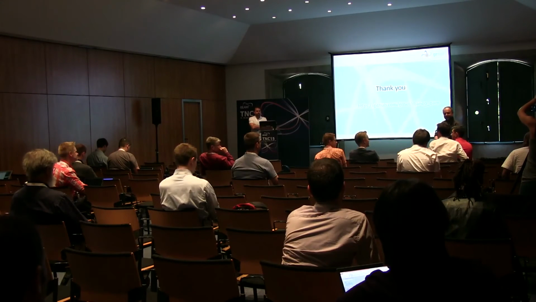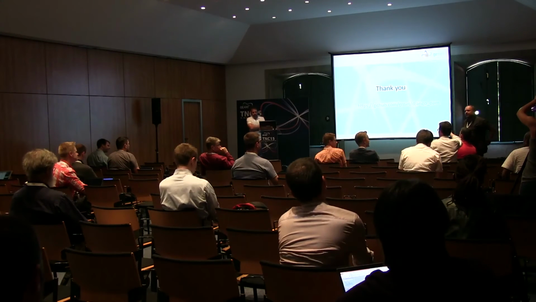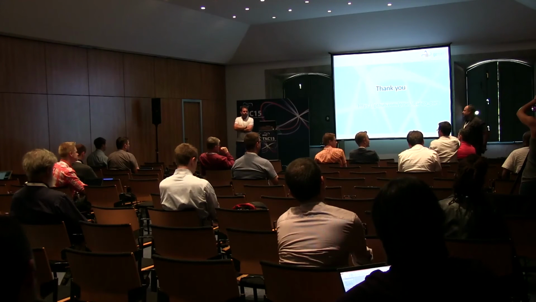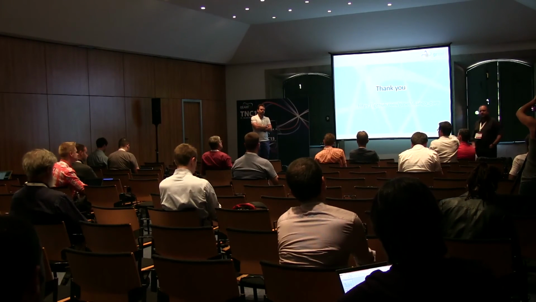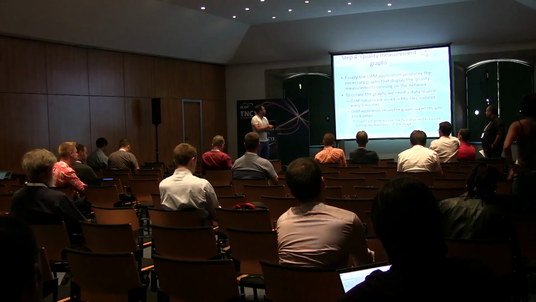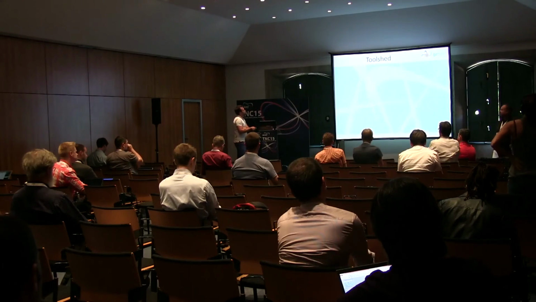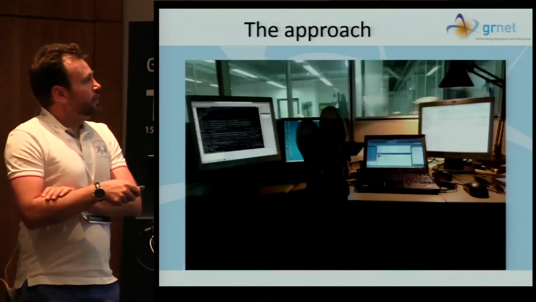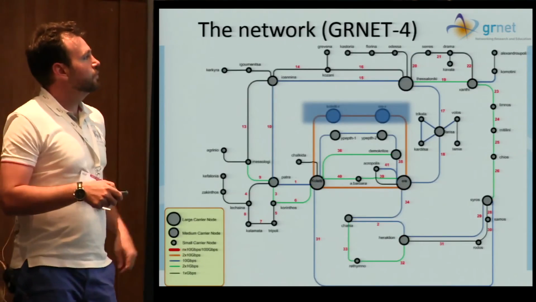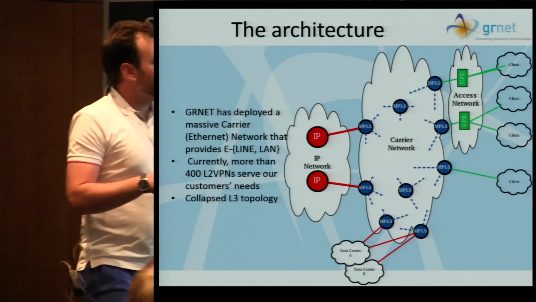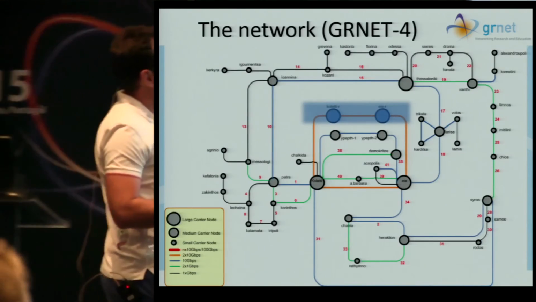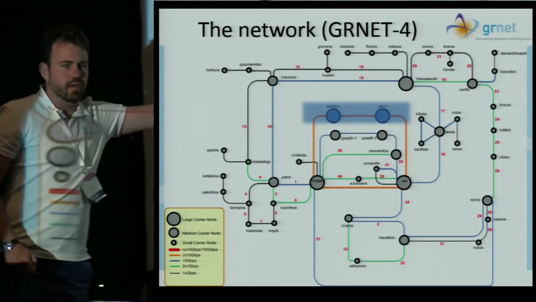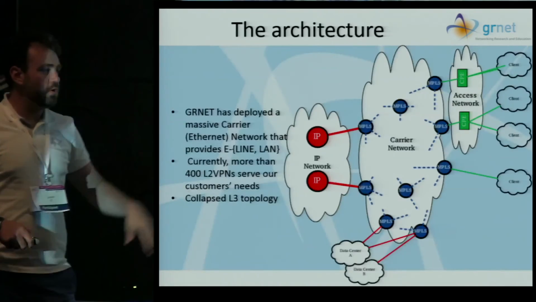Sorry, am I right? You're using Ethernet over MPLS simply to serve all the connections? All those VPNs are just EoMPLS or what? Okay, let me go back. As I mentioned before, this is the core of our network. So in all these points of presence, we have Juniper MX routers. We don't have switches anymore.